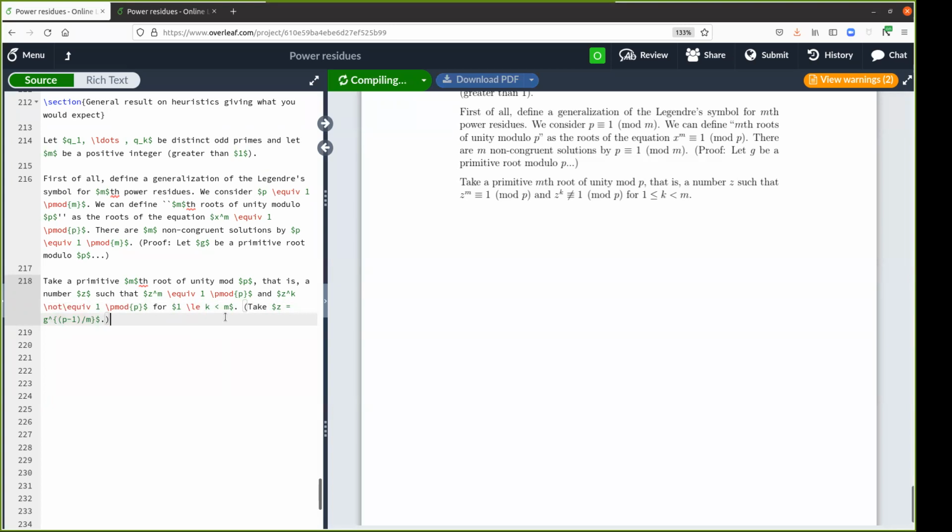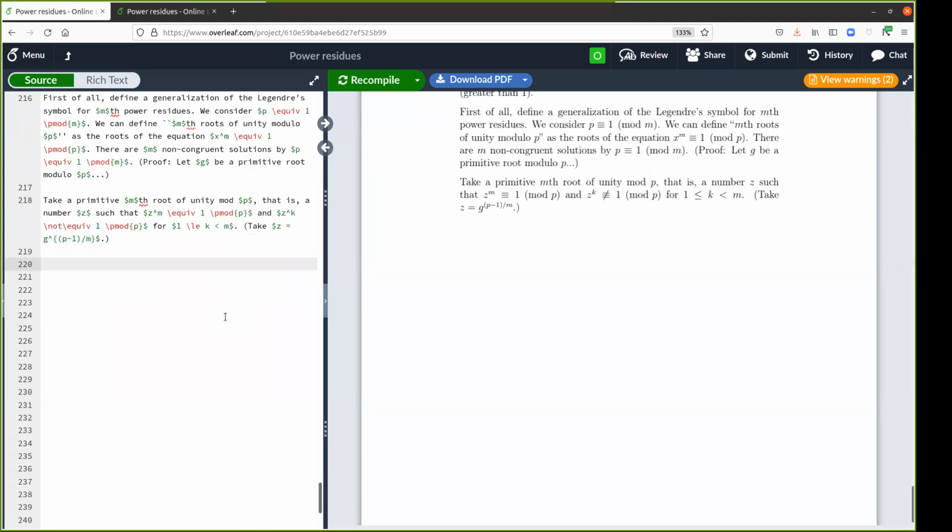For example, you can just take some primitive root c modulo p and take z to be c to the power of (p minus 1) over m. And it's easy to see that this works.